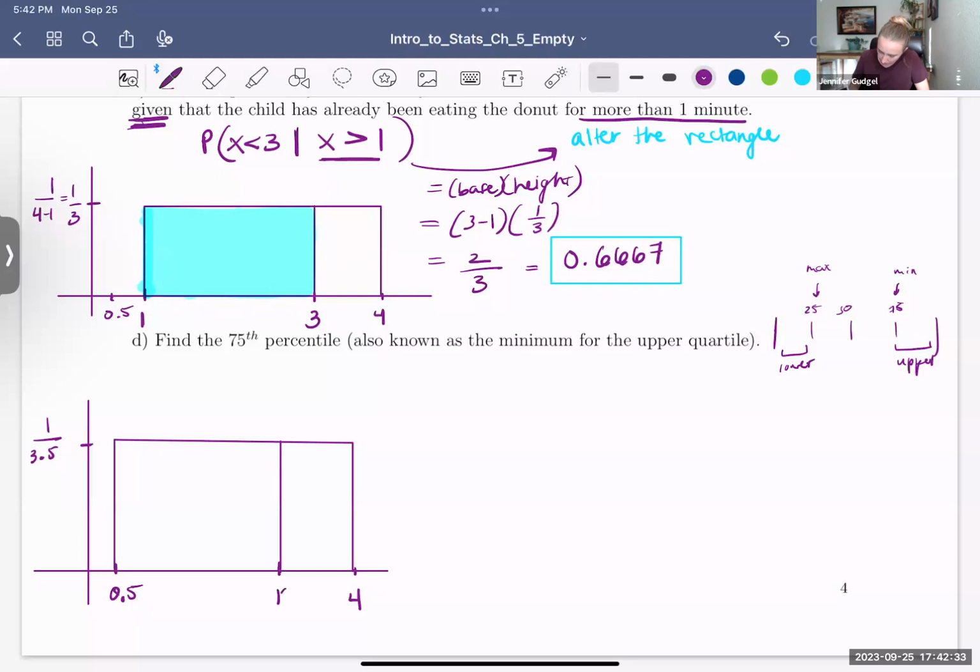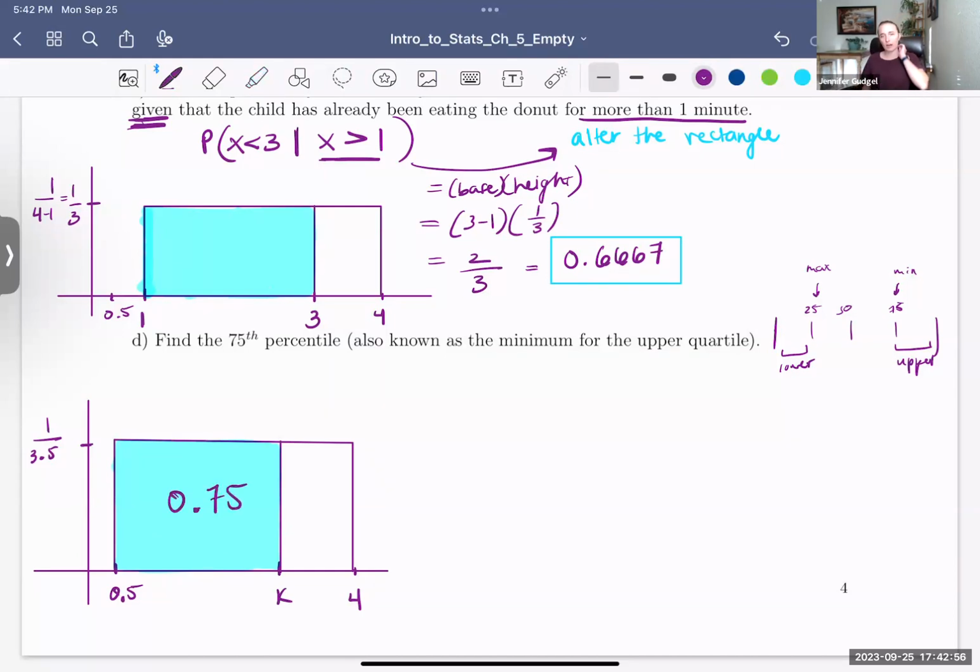So some value K such that this area is equal to 75% or 0.75. They give us the probability for these examples instead of giving us a value that we're shading to the left or to the right of. We have 0.75.